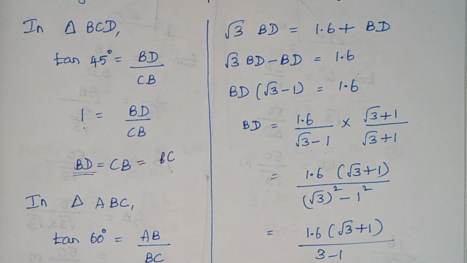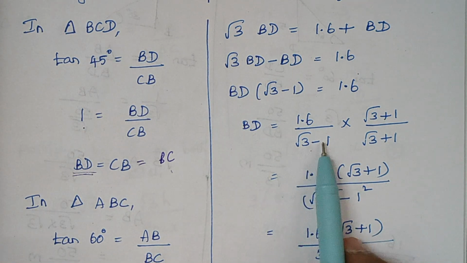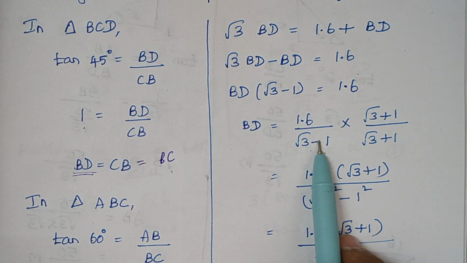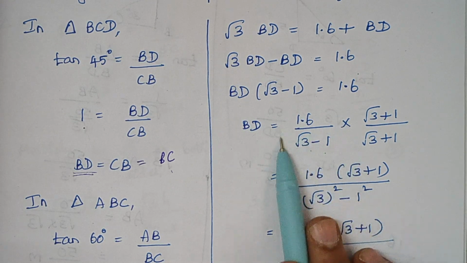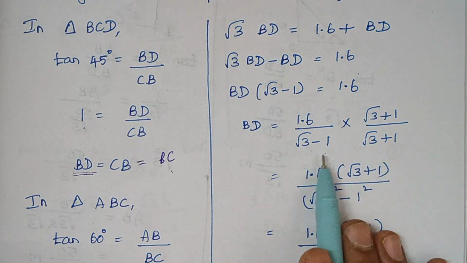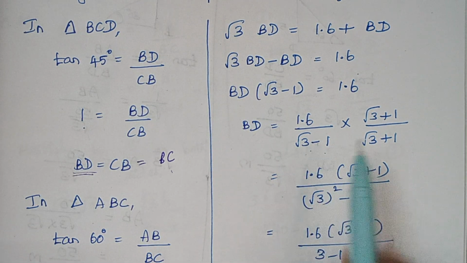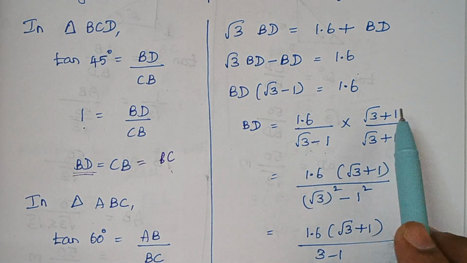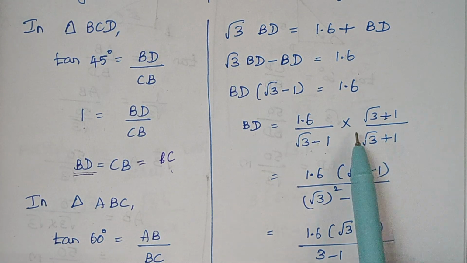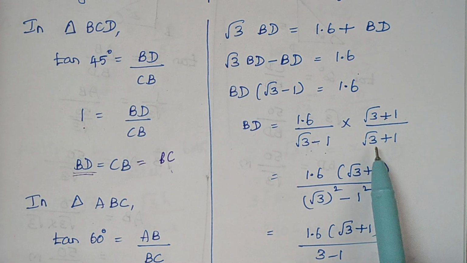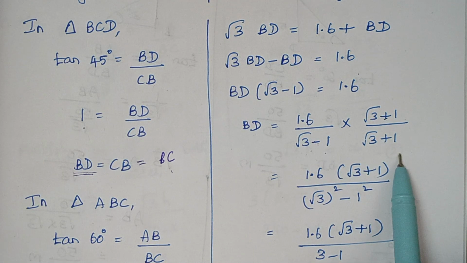And the next step is rationalizing. Rationalizing is nothing but, whenever I have two terms with a minus sign, I have to multiply and divide with the same term with the opposite sign. Here I have minus, so here it is plus. So root 3 plus 1 divided by root 3 plus 1, right?